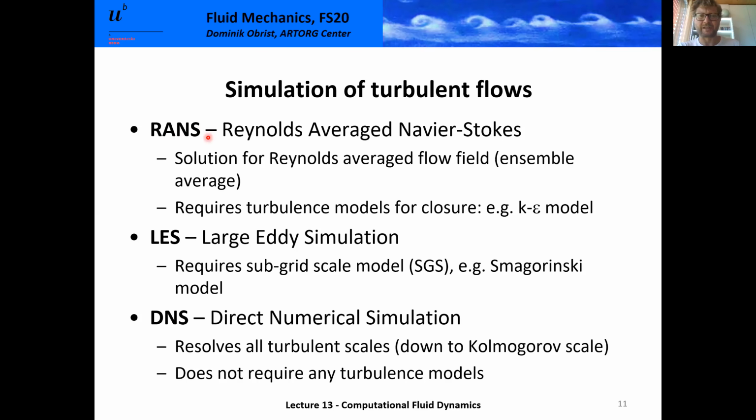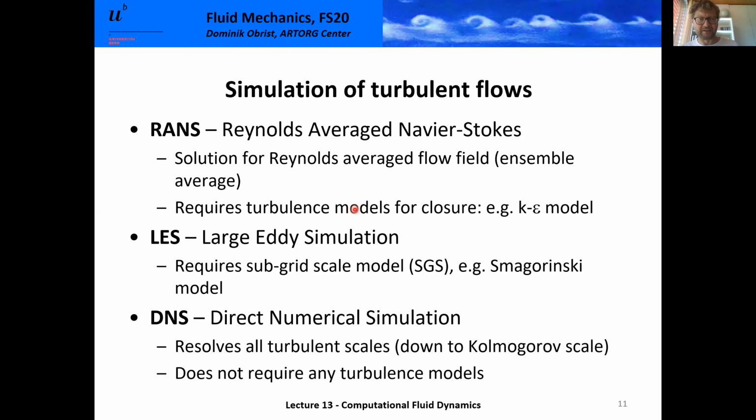It invariably will need a turbulence model to describe what the non-resolved small structures are doing. So in a RANS solution, you need much fewer grid points, but you need a turbulence model. And the model, as the name says, is a model, and the result will be as good as the model is. And the quality of these models is very limited.